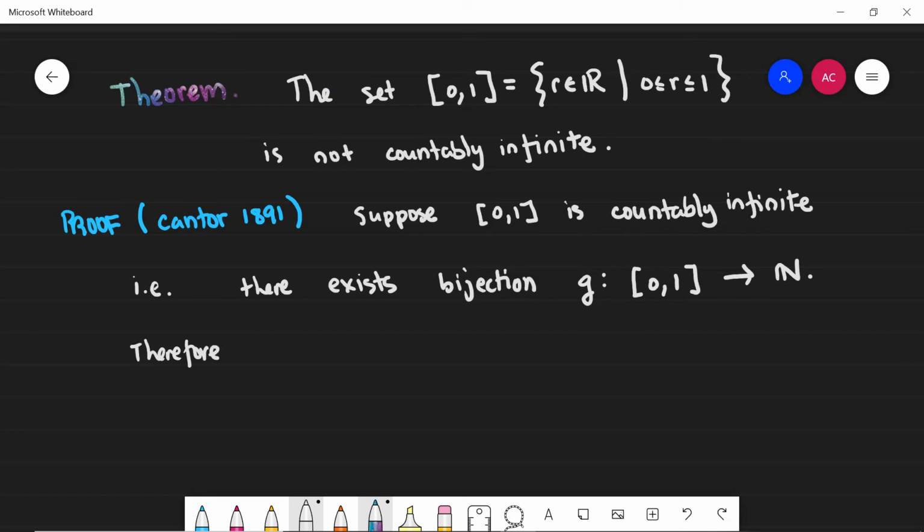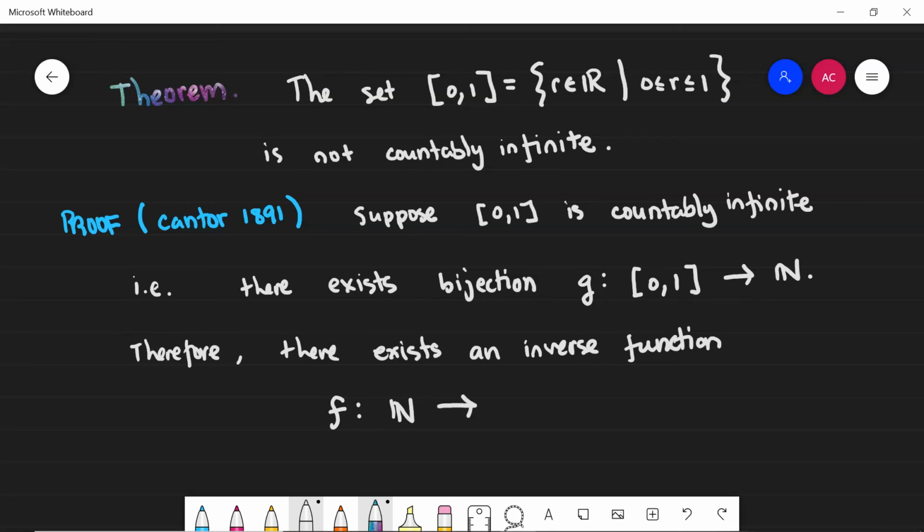Therefore, there exists an inverse function, we'll call this inverse function f. Okay, so the inverse function is going from the naturals to 0, 1.